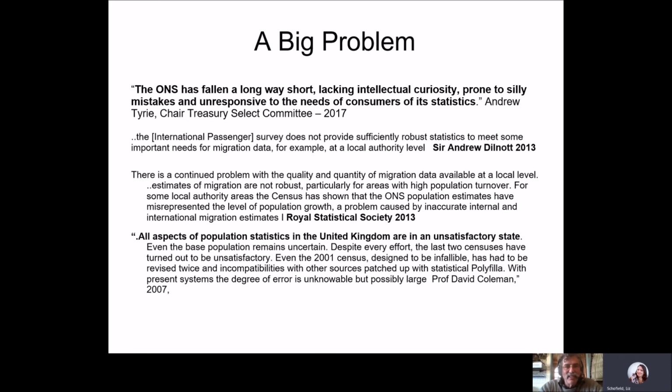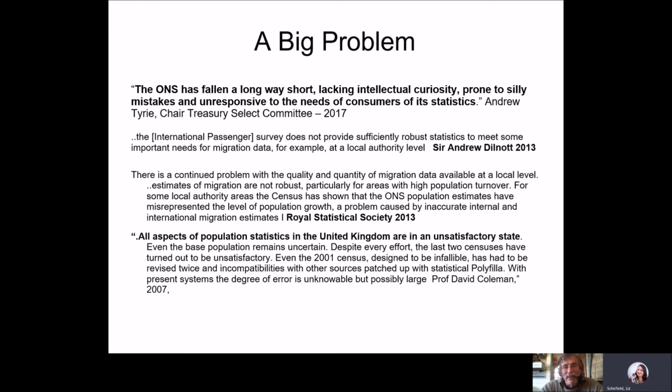And in 2013, the RSS, the Royal Statistical Society, said, for some local authority areas, the census has shown that the ONS population estimates have misrepresented the level of population growth. Listen to that again. The ONS population estimates have misrepresented the level of population growth.